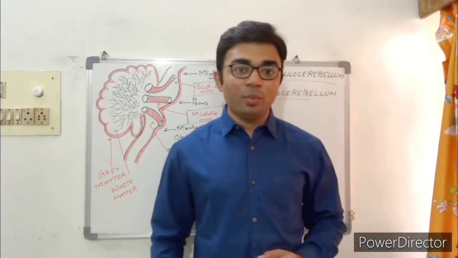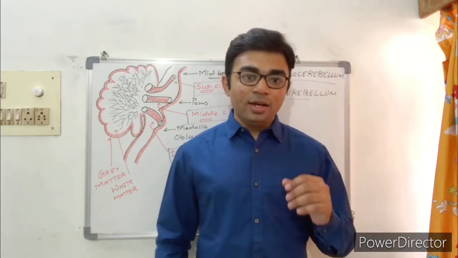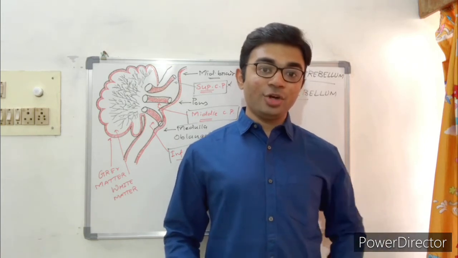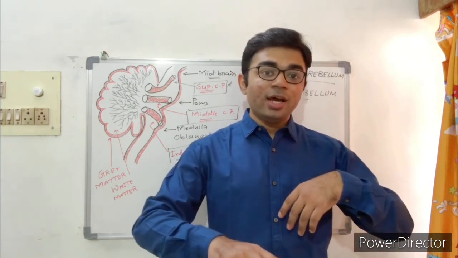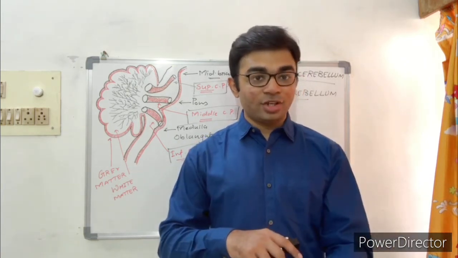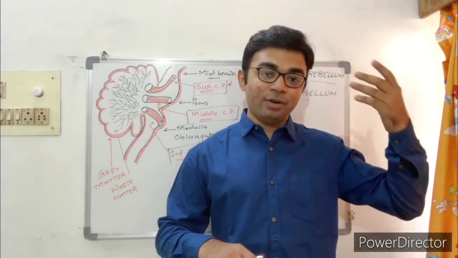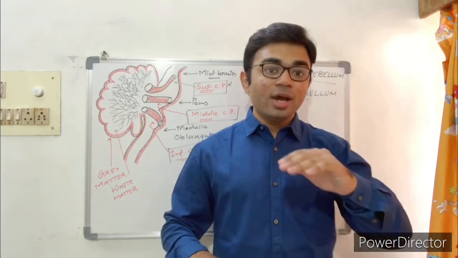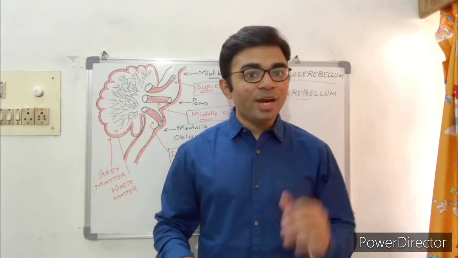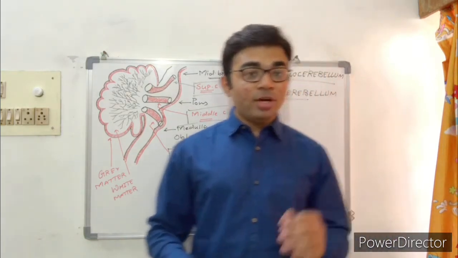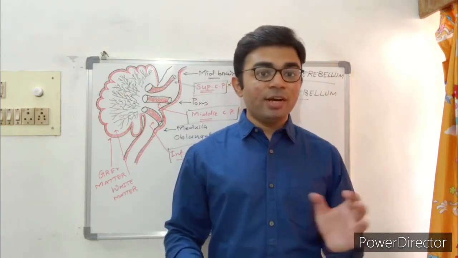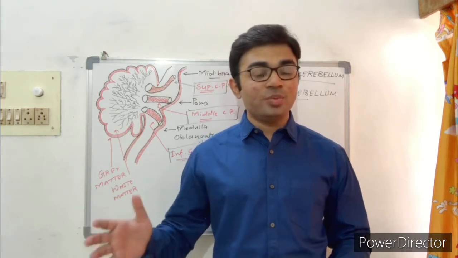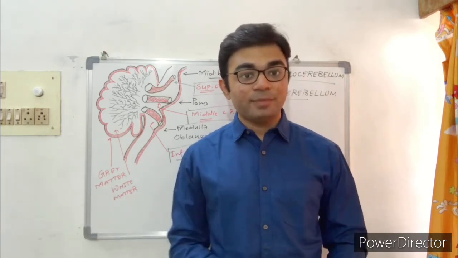Here we need to remember one thing: in our cerebral cortex the orientation of our body parts is upside down, which means that the head of our body is represented in the most bottom portion of the cerebral cortex. But in the cerebellum, the different body parts are represented in the same manner as we see in our patients.